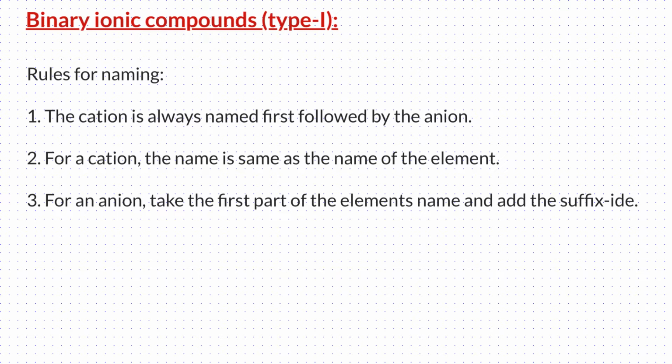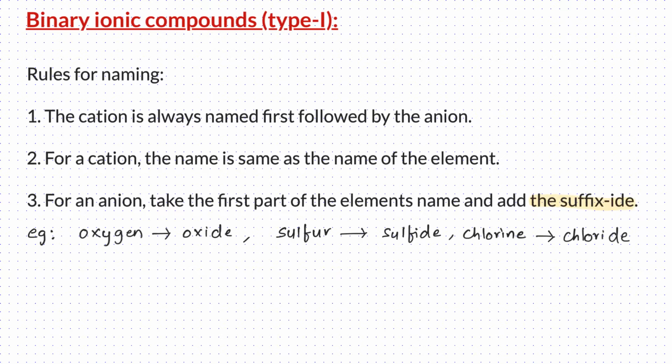First, the cation is always named first, followed by the anion. Second, the name of the cation is the same as the name of the element. Third, for the anion, take the first part of the element's name and add the suffix -ide.